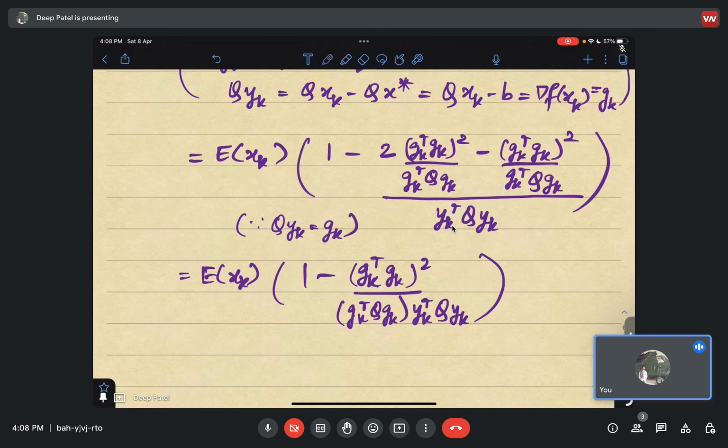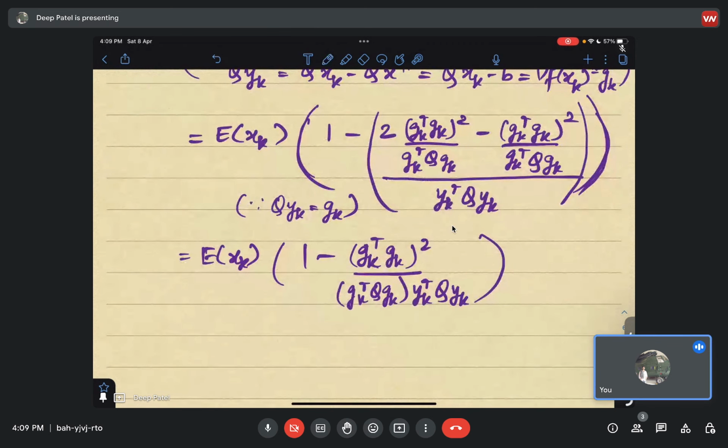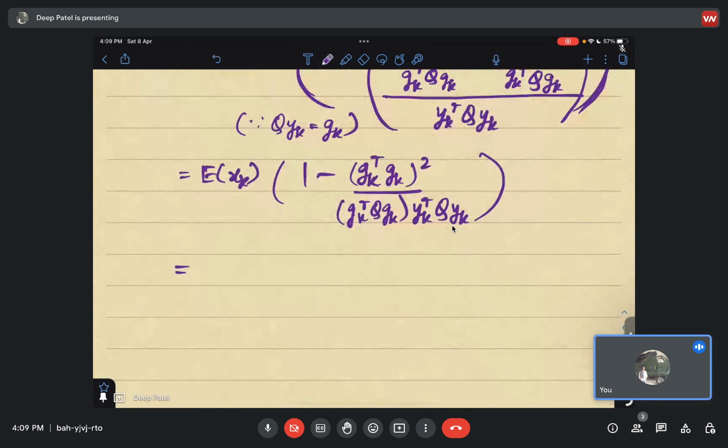So let me put this here. Now it's correct. Again I will use this info, but I remember Q is a positive definite matrix, so Q is invertible. So yk is Q inverse gk. So what I can write now is 1 minus gk transpose gk whole squared.